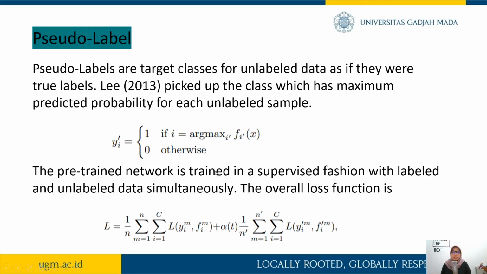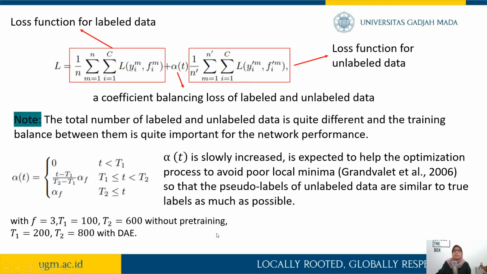The overall loss function is a combination of the loss function of the labeled data and the loss function of the unlabeled data. Here the left part is the loss function for labeled data, and the right part is the loss function for unlabeled data. There's an alpha_t here, a coefficient balancing the loss of labeled and unlabeled data. We have to remember that the numbers of labeled and unlabeled data are quite different.